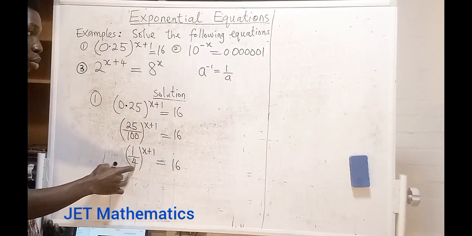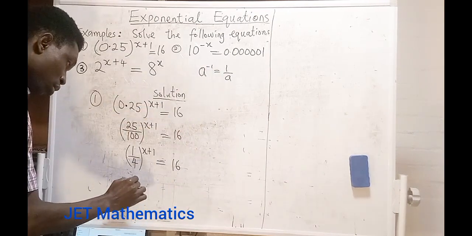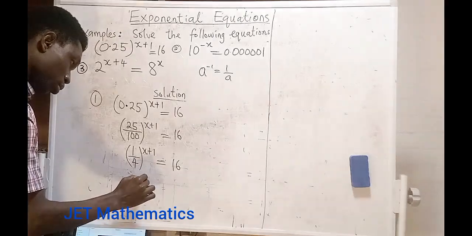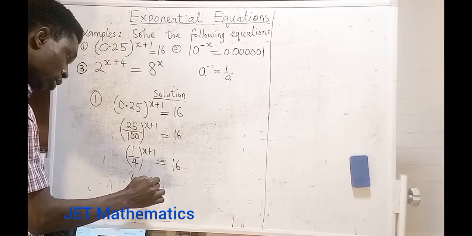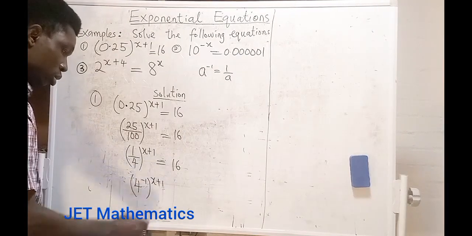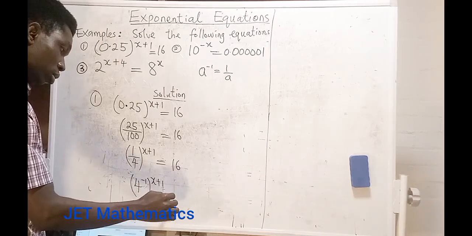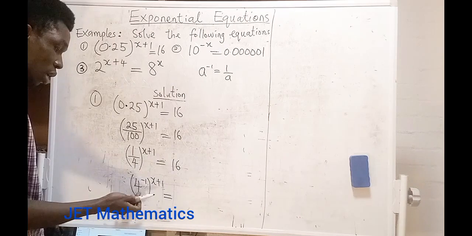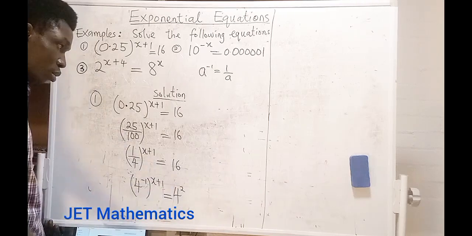So 1 over 4 will be the same thing as 4 raised to the power minus 1. So here we have 4 raised to the power of minus 1, into x plus 1. Okay? And this is equal to, we can also write 16 as base 4, which is 4 raised to the power of 2. Okay?